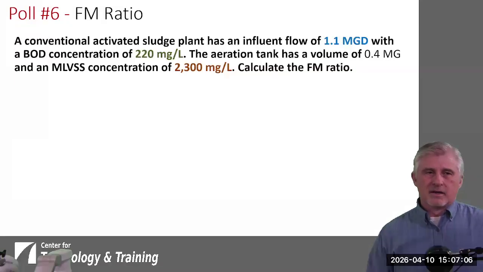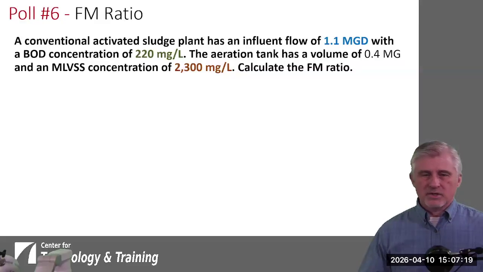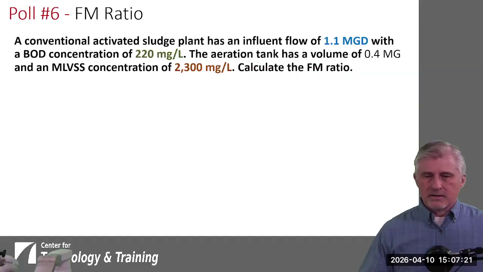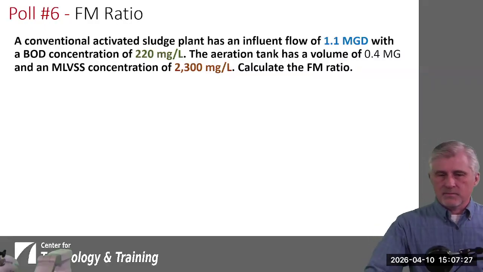The aeration tank has a volume of 0.4 MG and an MLVSS concentration of 2,300 parts per million. Calculate the F/M ratio. I wish that we had that formula available for you. Hopefully you have the formula sheet and you can see it on there.